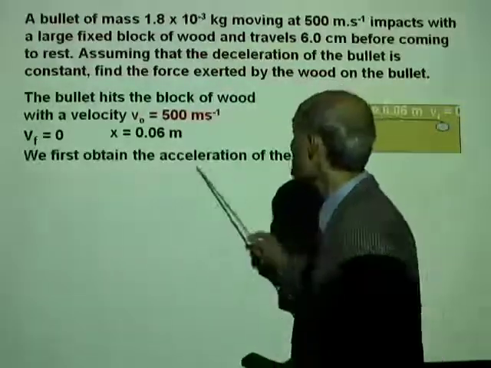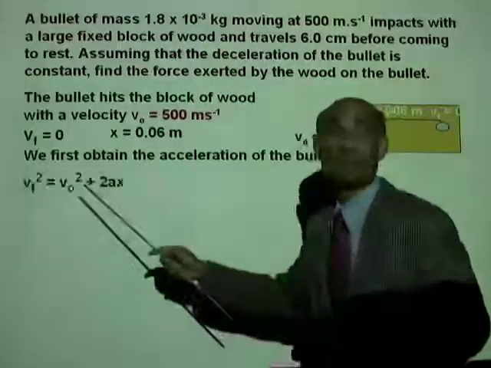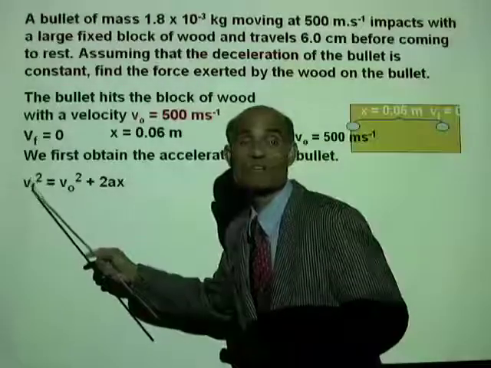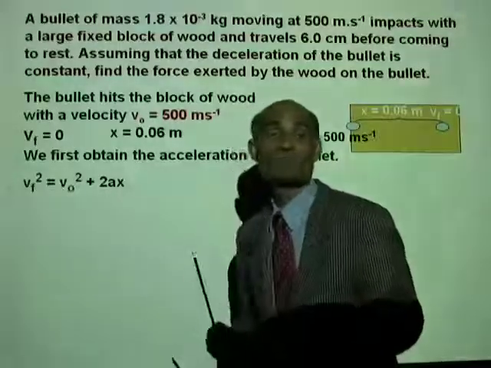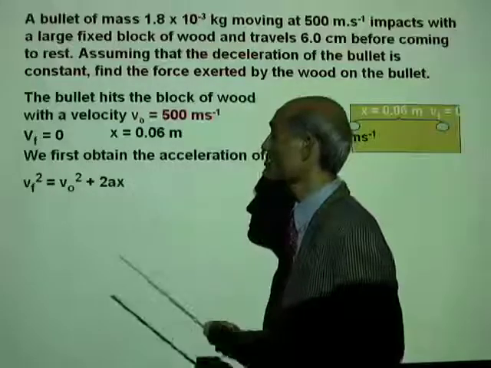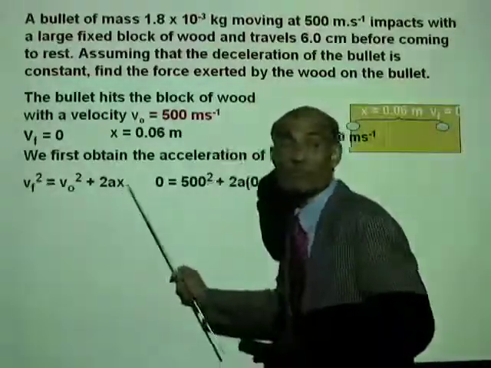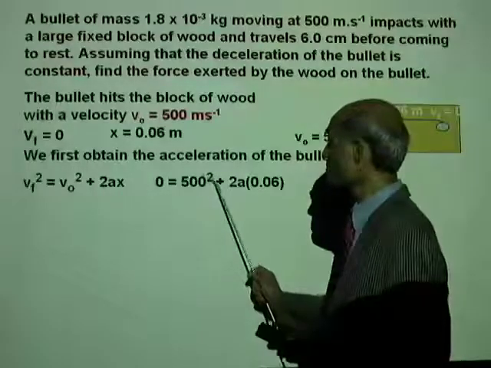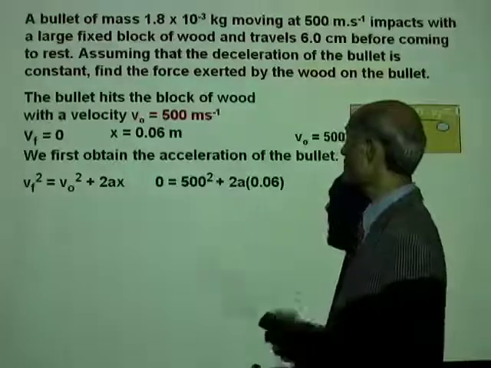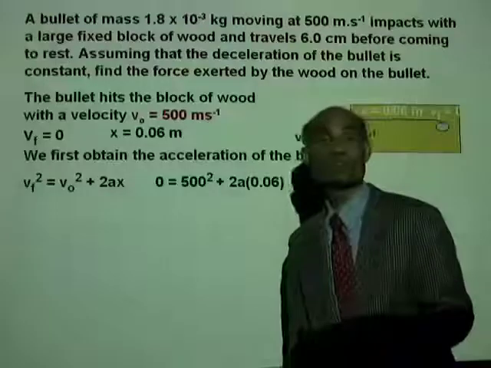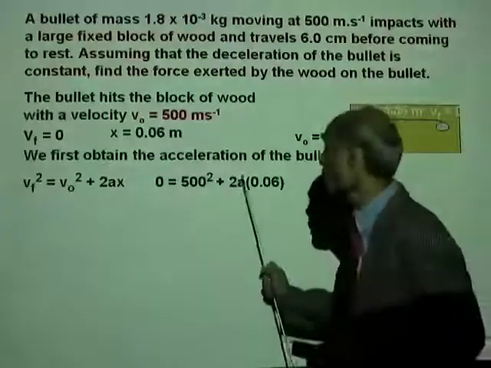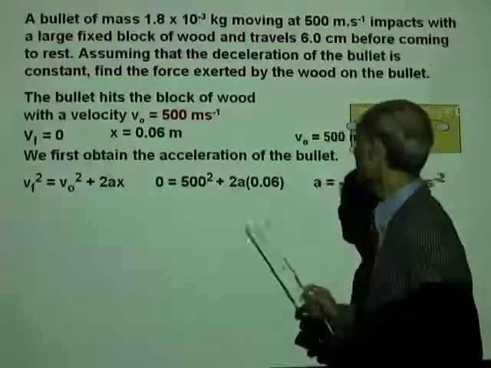So first we obtain the acceleration of the bullet from this equation. Vf squared equals V0 squared plus 2ax. Vf is 0. 0 equals 500 squared plus 2a times 0.06. Solve for a from there.